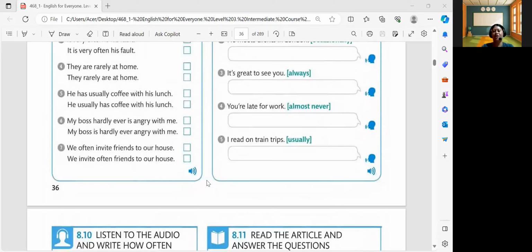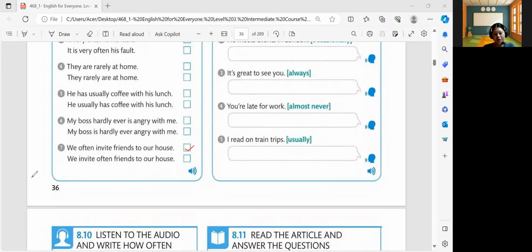Your answer for number 7 is? We often invite friends to our house. Okay, let's hear. We often invite friends to our house. Okay, that's correct.